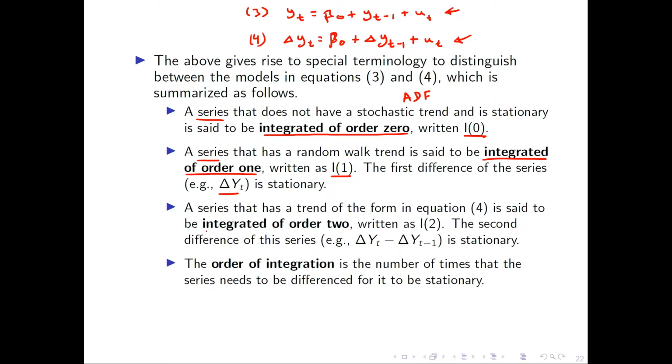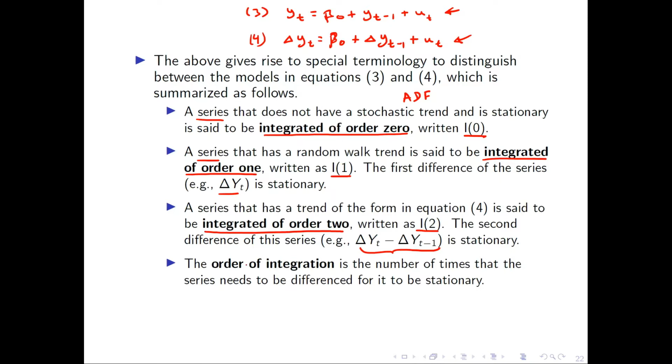And then you say that the time series is integrated of order 2, because you have to difference it twice in order for this to be a stationary series, or you say that it's I(2). So the second difference is stationary. So this is now your time series which you want to work with.